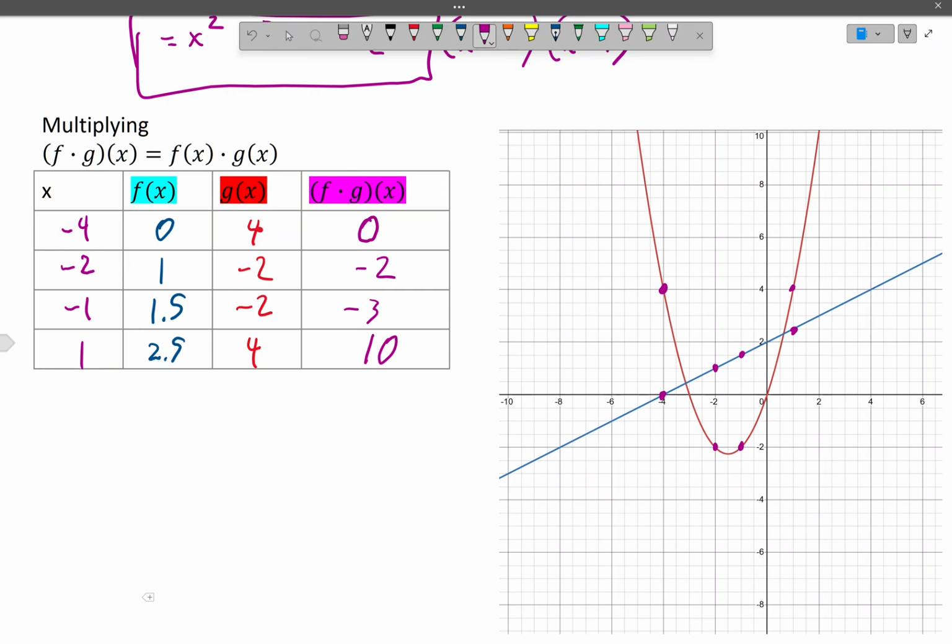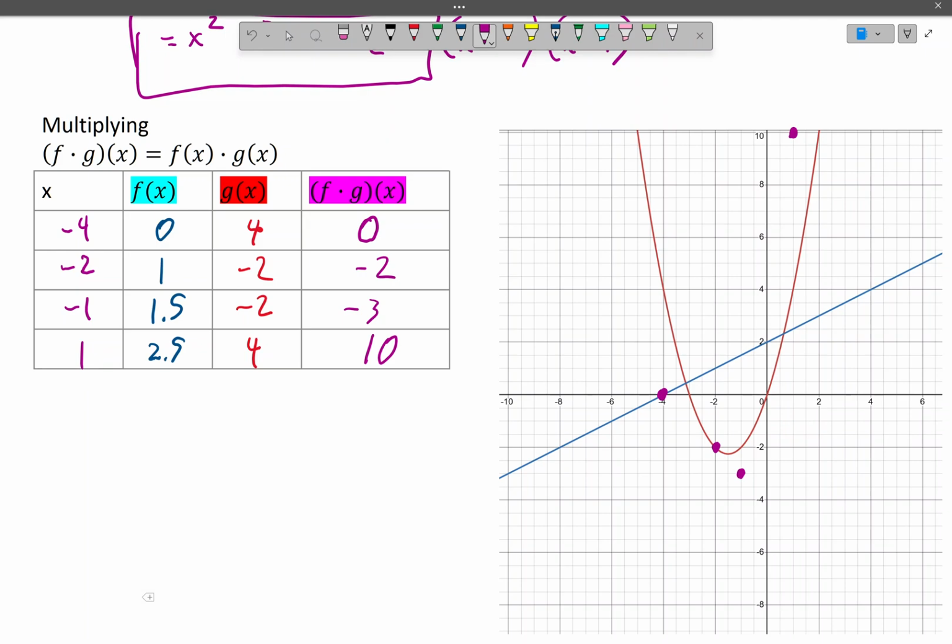So if we were to graph this result after all this work of finding these different values, we'd have -4 at 0, -2 at -2, -1 at -3, and then 1 at +10.